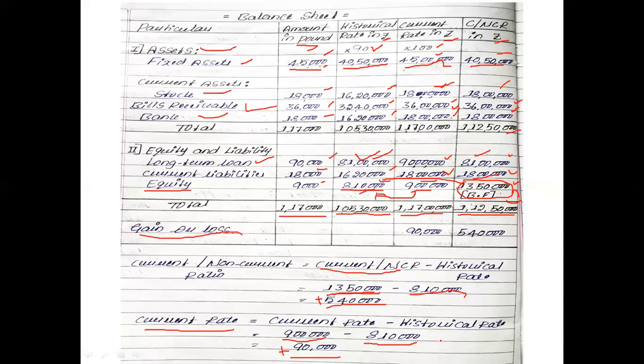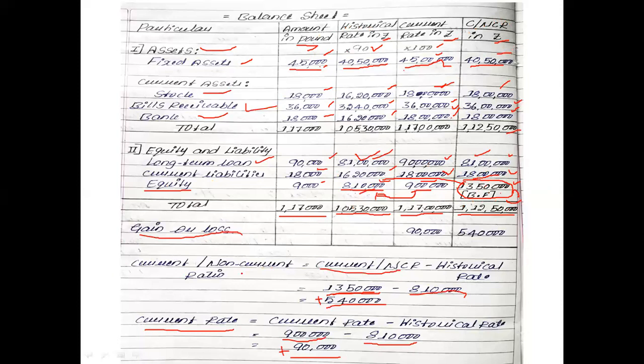The important thing in conversion is this: if the amount is given in another currency whose value is more than the rupee, then we have to multiply. If the amount is given in rupees and we are converting into another currency whose value is more than the rupee, then we have to divide. Then the equity share capital at the current and non-current rate has to be taken as the balance sheet figure.